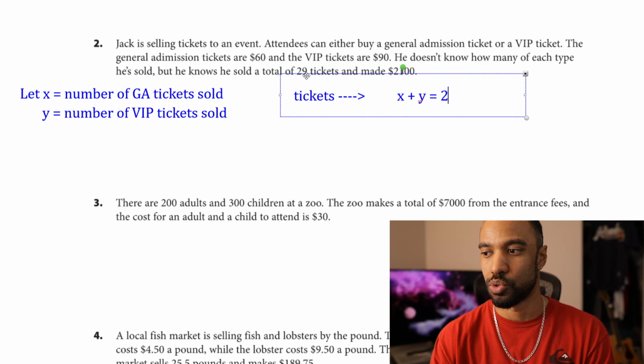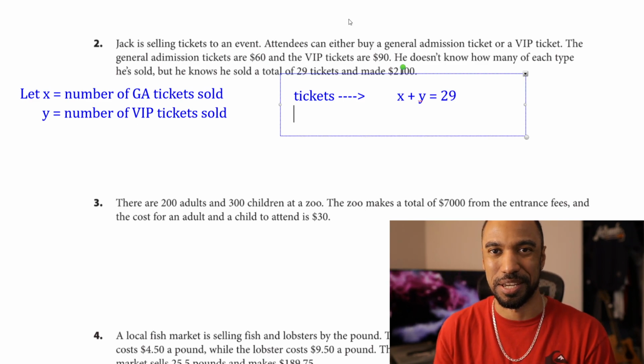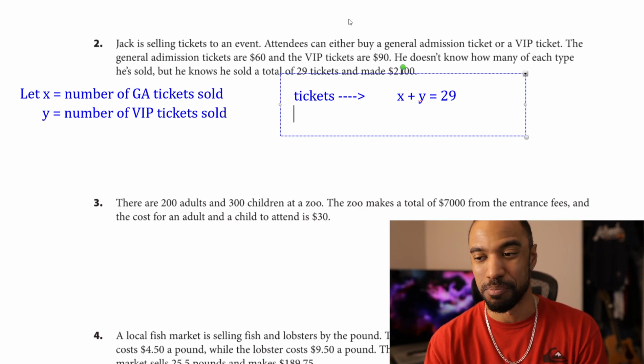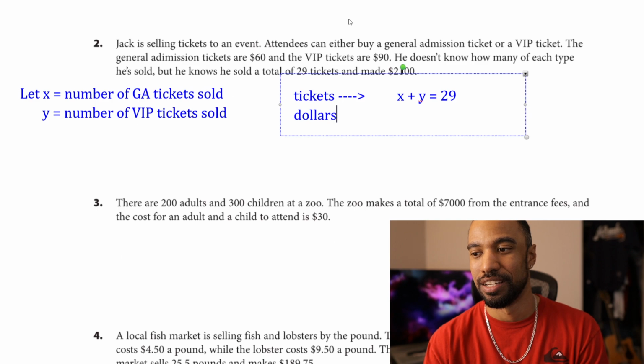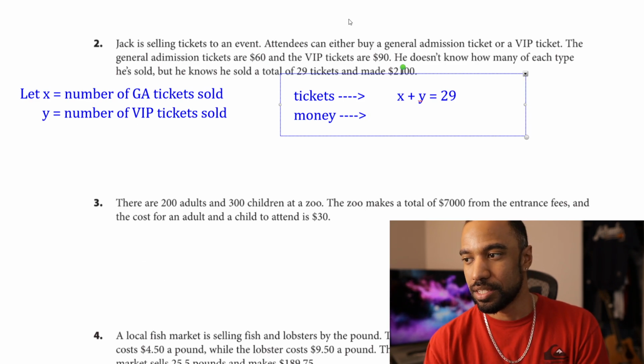I really feel like I should actually handwrite this part. I'm going to handwrite this part next time. And then there's a dollar amount collected. There's money collected. He made $2,100. So this part is going to be the same thing as last time.